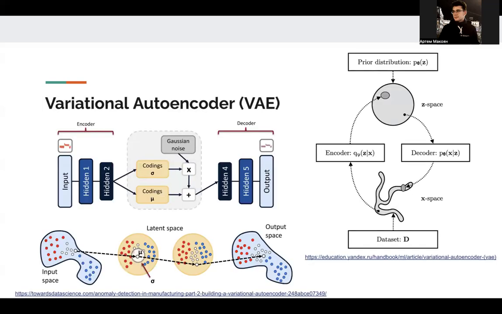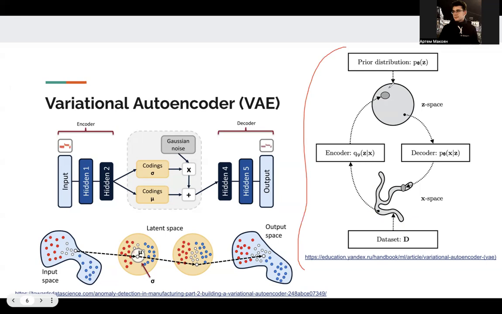Okay, the next model is the Variational Autoencoder, VAE. Let's briefly talk about how it works. On the right, you can see the architecture of the model. We have the true dataset D, true samples. This is the distribution, and it's very complex, so we don't know what it looks like.